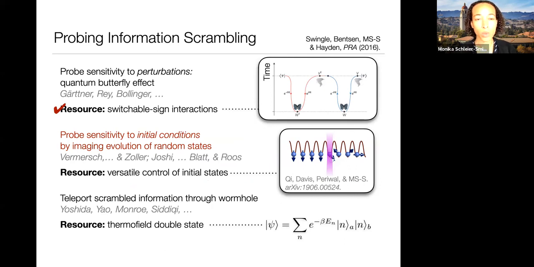One way to do that is to take two operators that at t equals 0 commute, and then see the effect if one of those operators, a local operator, spreads to other sites. Then at some later time it will fail to commute. And that failure to commute, the growth of the commutator, is equivalent to the decay of something that we call the out of time order correlation function.